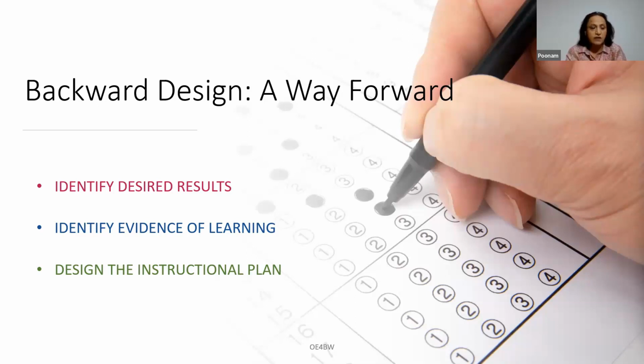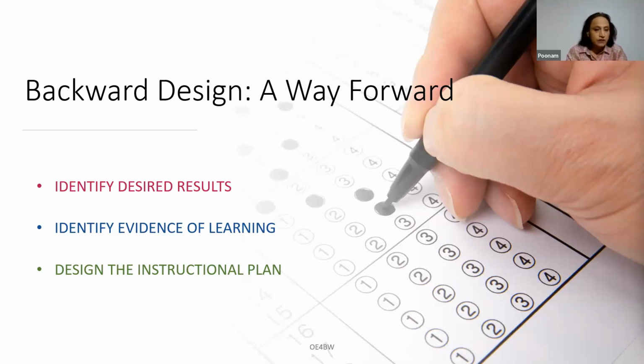The second step is to determine acceptable evidence that students have actually achieved these learning outcomes. These are your formative, summative, and, nowadays, alternative assessments. That is, how will students and the teacher know if they are learning?